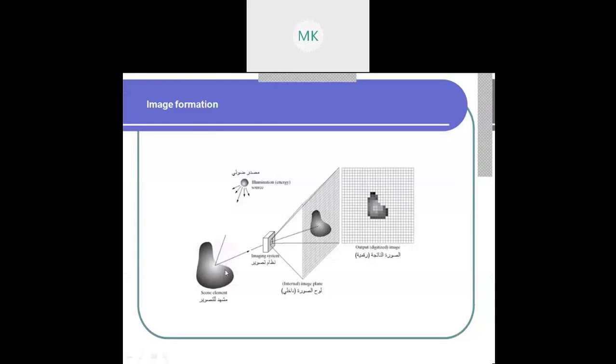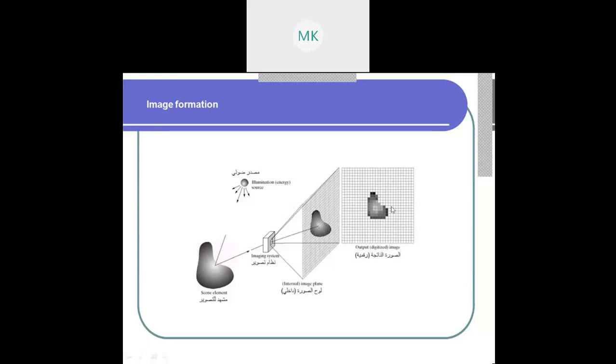Next is image formation, that is, how the image is formed by using these techniques. First we consider the scene element, then the imaging system, which projects along the image plane x and y, and the output is the digitized image, which makes use of either sampling or quantization.